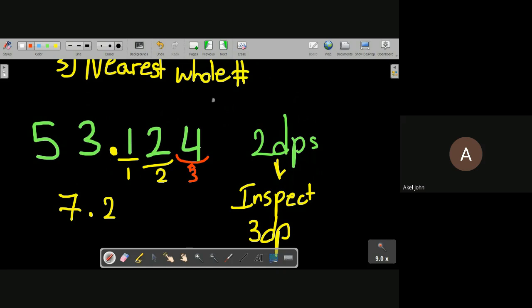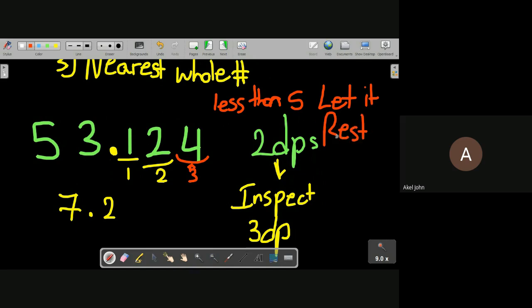So once it's less than 5, let it rest. What that is going to look like is 53.124 to two decimal places would just be 53.12.